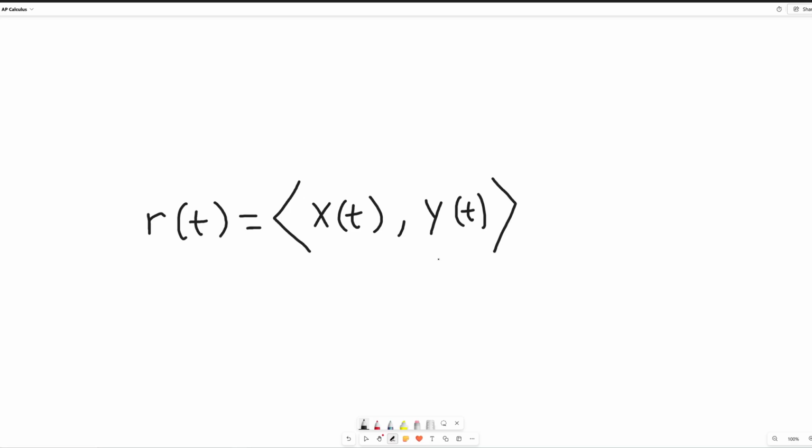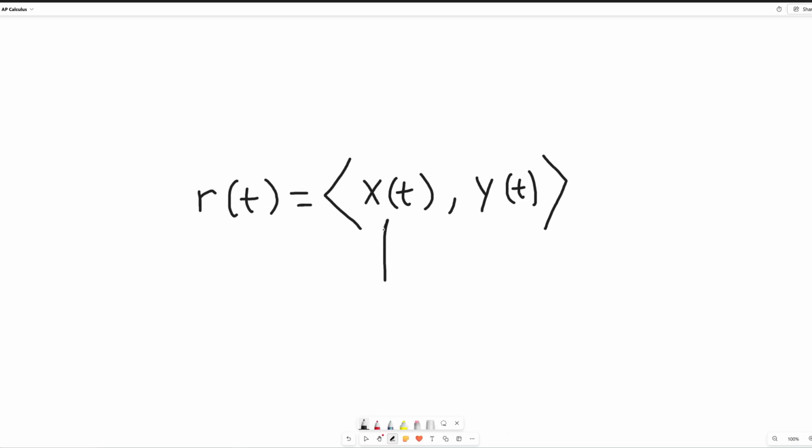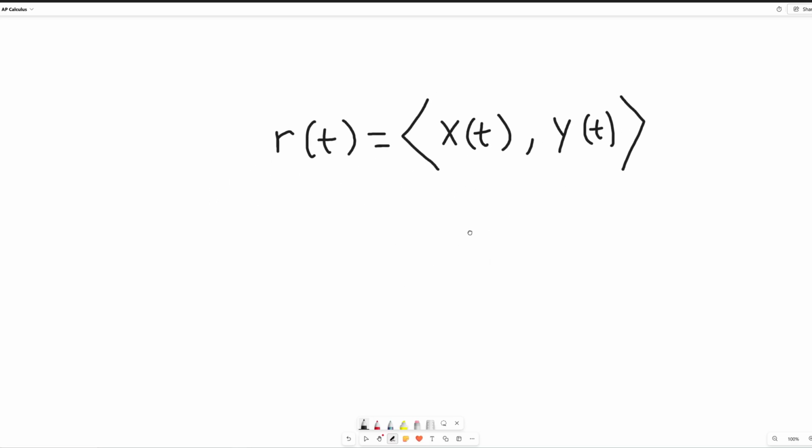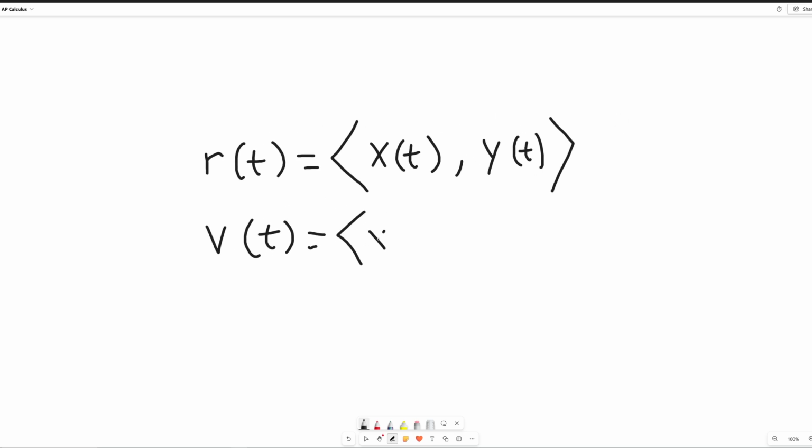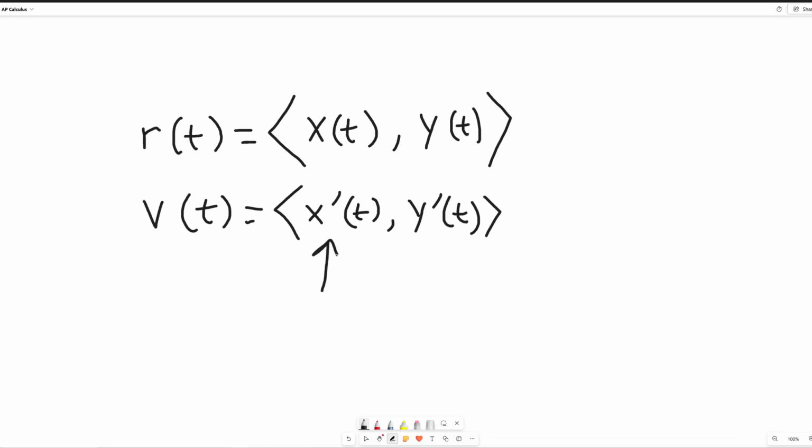So this is a position function because we have the position of x and then the position of y, which depend on time. Now, if we wanted this to be a velocity function, we could say that it is x prime of t, y prime of t, because now x prime of t is the derivative of x, and we know that the derivative of position is velocity.